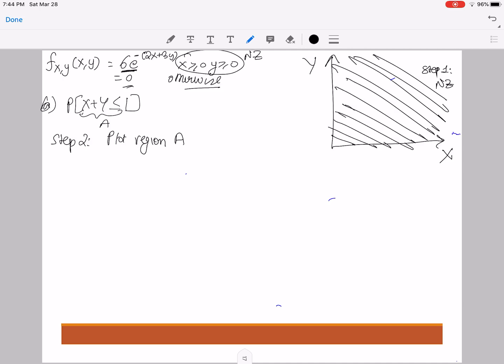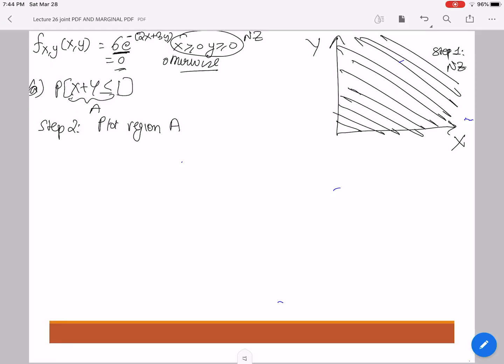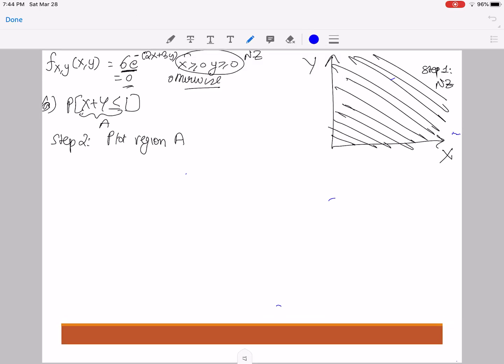To find this region, let's focus on plotting the equality relationship first. So we'll plot the equality relationship, which is x plus y equal to 1. X plus y equal to 1 is going to be a straight line. Let's find out how that straight line looks. When I consider x plus y equal to 1, when x is equal to 0, y is equal to 1.